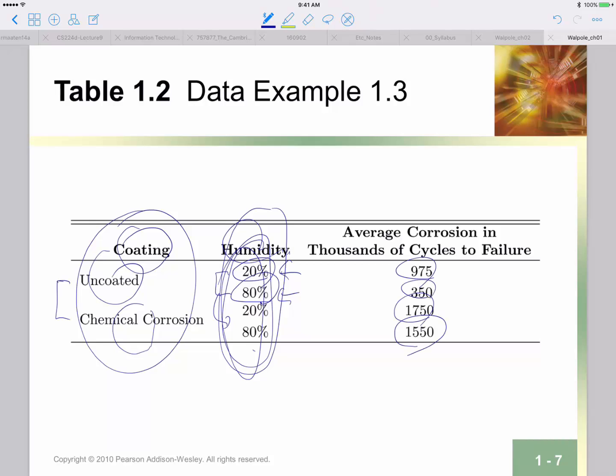These are the sample numbers, the measurements that we obtain. We are basically interested in average corrosion times, so how long it will last. Those time measurements are collected in those numbers.